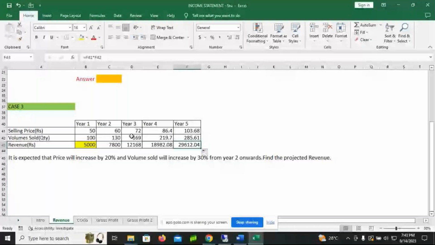If you are done with revenue, try solving the other sheets. Go for COGS, how to calculate it.